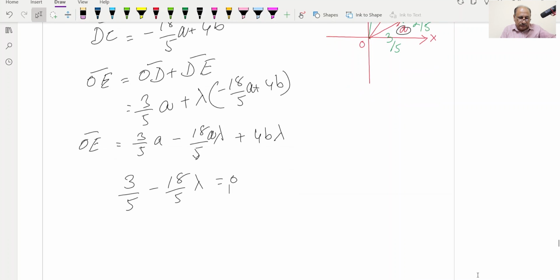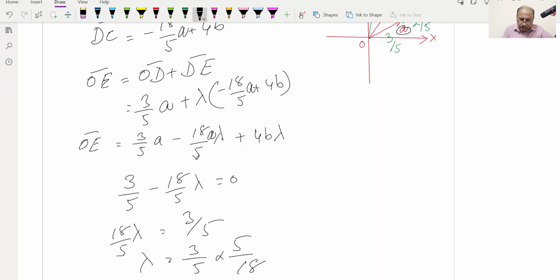Now we can simplify for lambda. 18 over 5 lambda will be equal to 3 by 5. Otherwise we will shift this one, 3 over 5 into 5 over 18, so this will be cancelled, and this will also be cancelled, and this will be 1 by 6. So the lambda value will be 1 by 6.